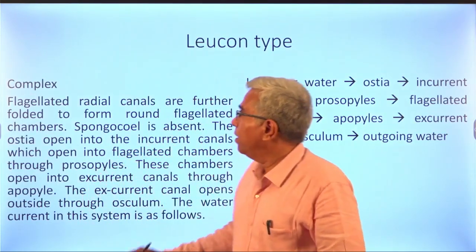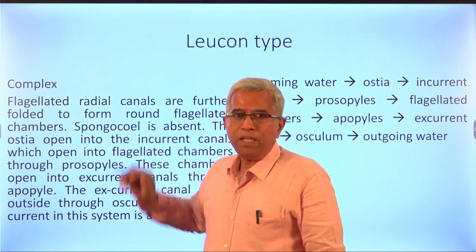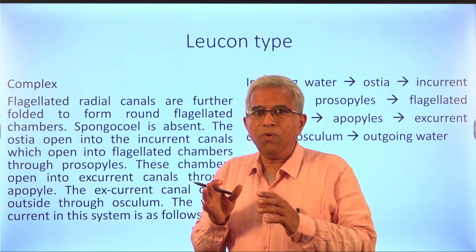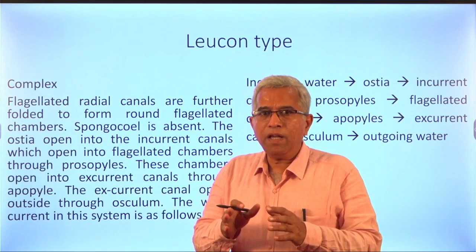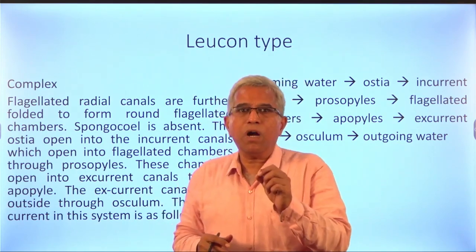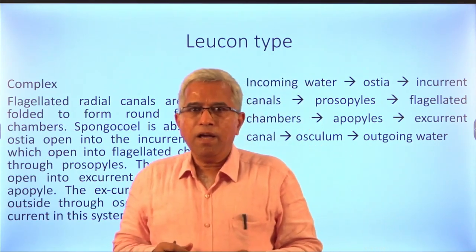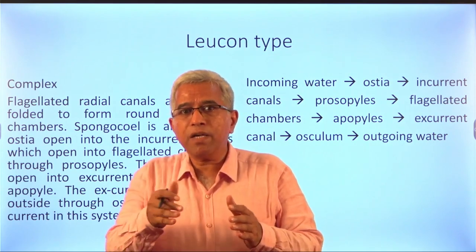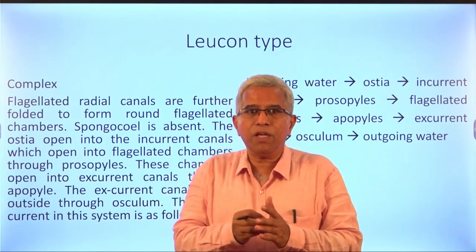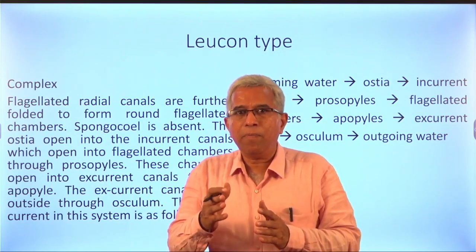Here you can see it is very complex. Leucon type is very complex. Ostia open into incurrent canals. Incurrent canals and radial canals communicate through certain pores called prosopiles, and radial canals open into excurrent canals. These excurrent canals and radial canals communicate with each other through one more opening called apopiles.